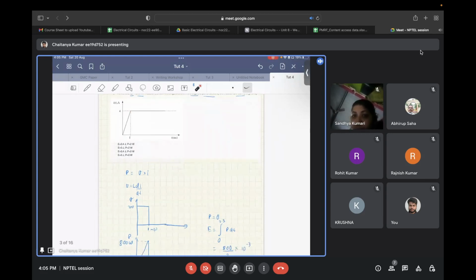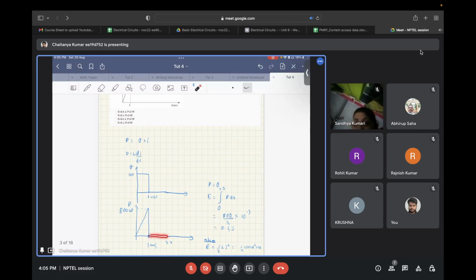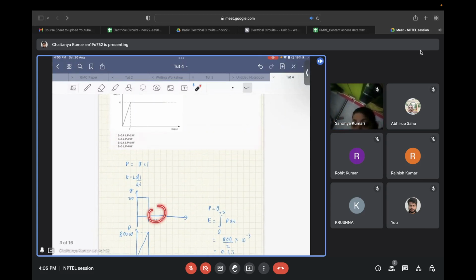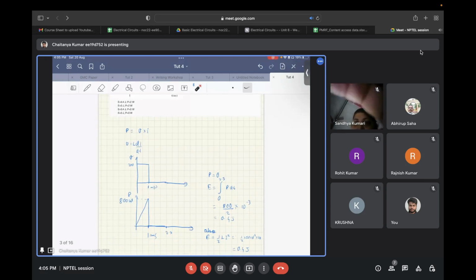Now, if you multiply the current waveform and the voltage waveform, you will get the power waveform. So power increases linearly from 0 to 800 watts till 1 millisecond, and after that it drops to 0, because the voltage is 0, and hence the voltage-current product is 0.